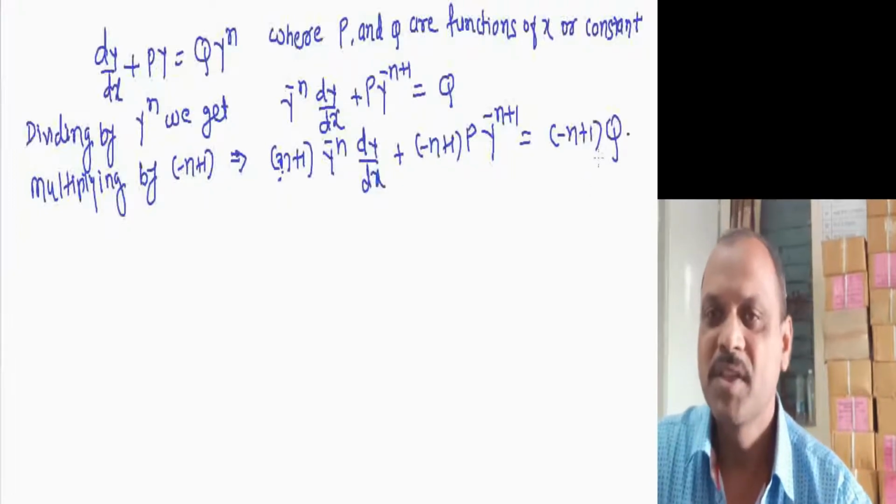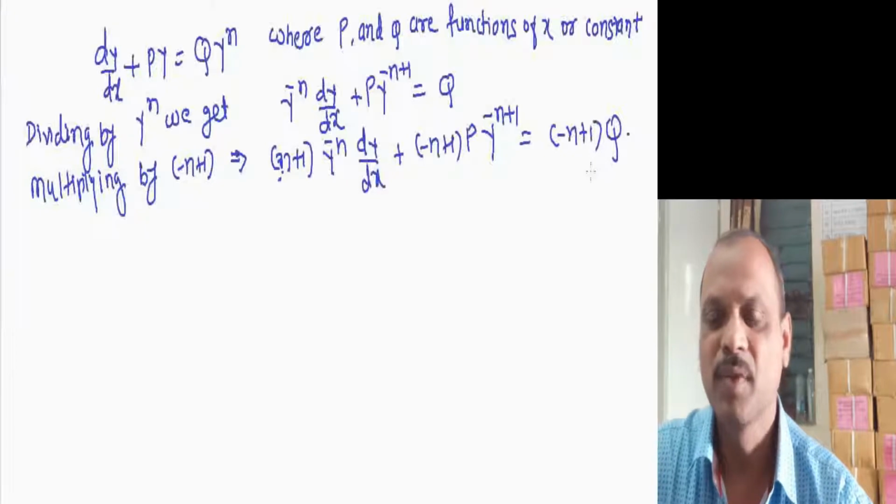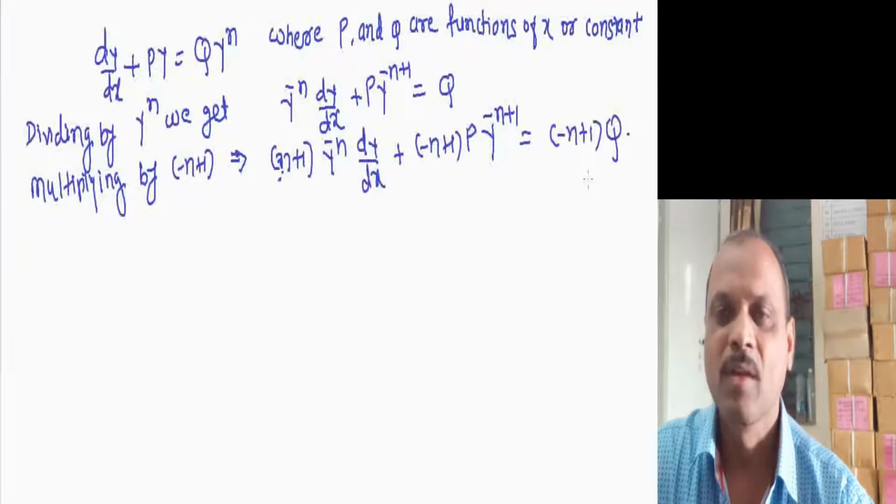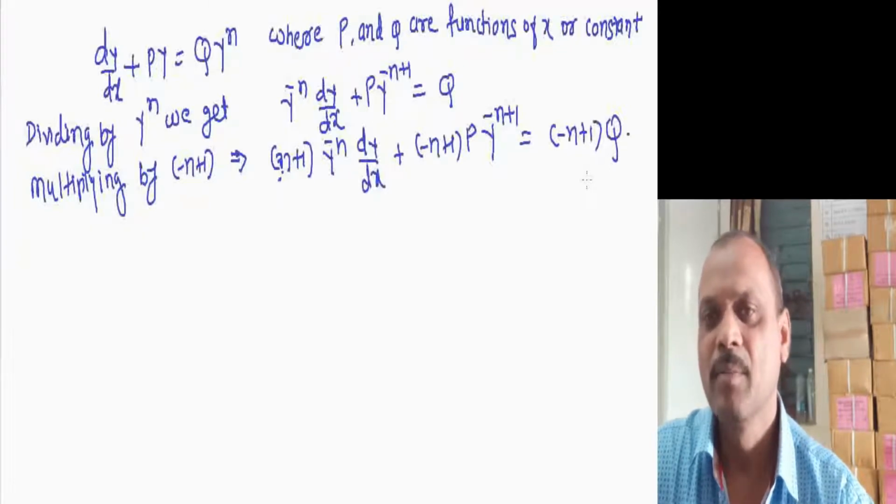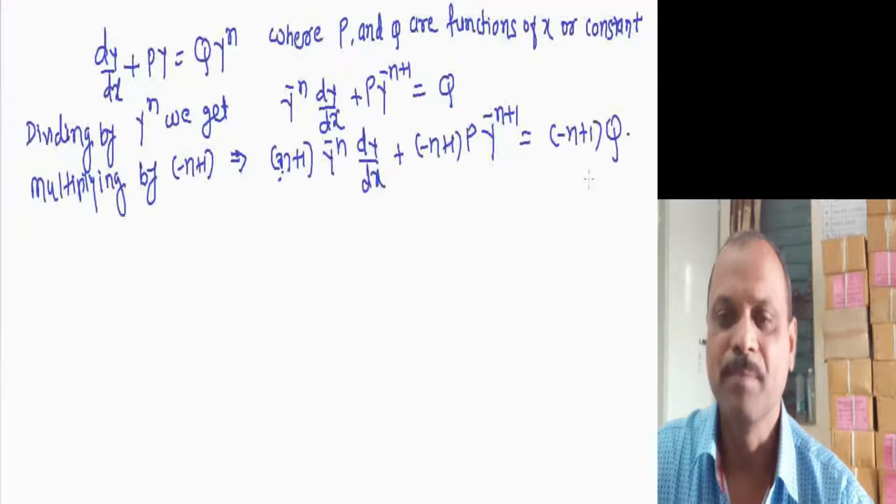So what is the first step? In this first step we have divided throughout by y raised to n. Then we have multiplied by minus n plus 1.